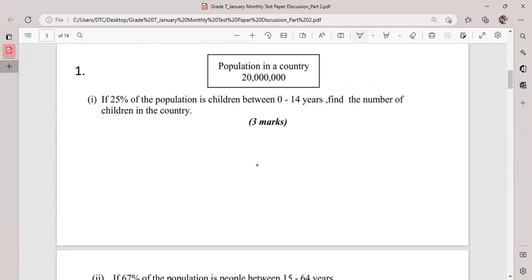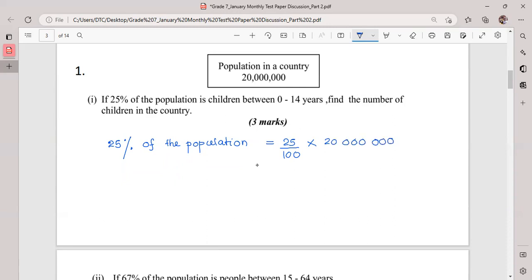Now you just see the total population is 20 million, and 25% of the population. This is how you want to write it. You write 25 per 100 of, meaning multiplication, the population. What is the population in the country? It is 20 million. You write it like this.